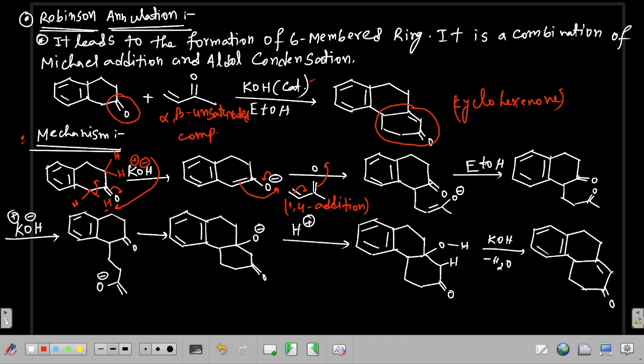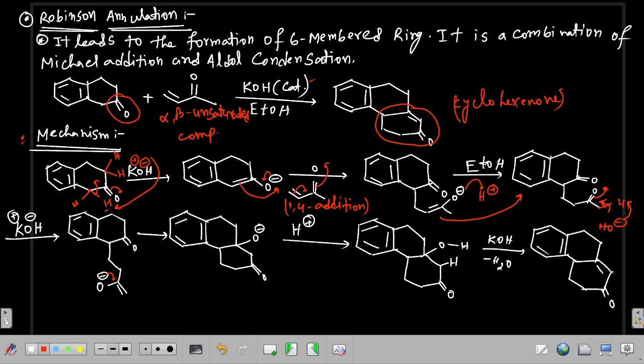So it will form this CC bond, and after abstraction of the H plus from the system it will form an enol, and the enol will tautomerize to this ketone. Now in presence of another equivalent of this base, it will abstract this proton and it leads to the formation of this enolate ion.